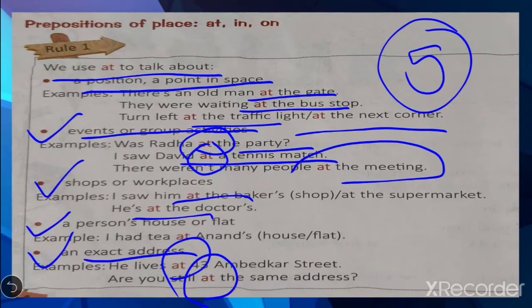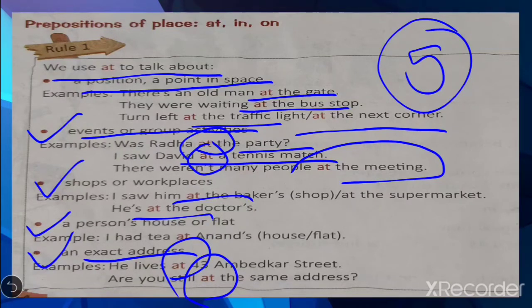But in prepositions of place we have to use at in 5 ways. To show a position or point in space. Number 2, events or group activities. Shops or workplaces, or a person's house or flat, or when you know the exact address of the person. For that we have to use the preposition of place, at.